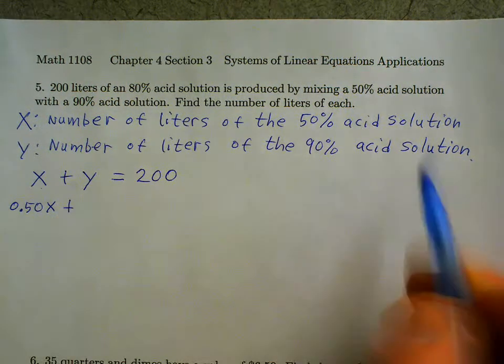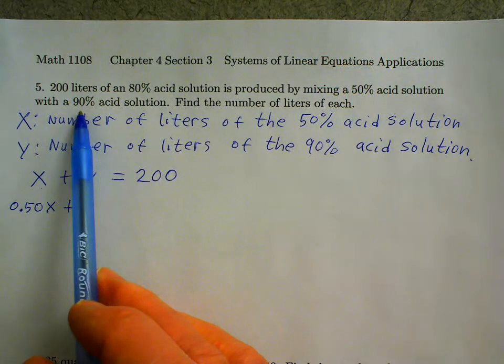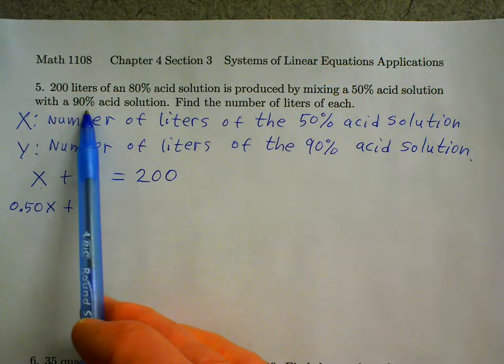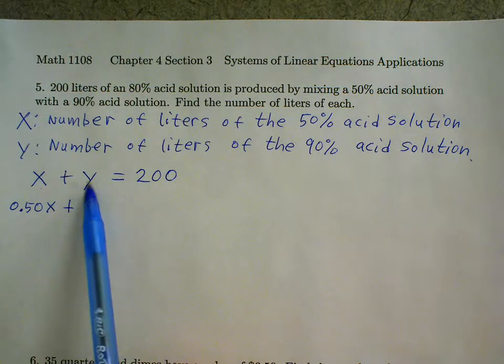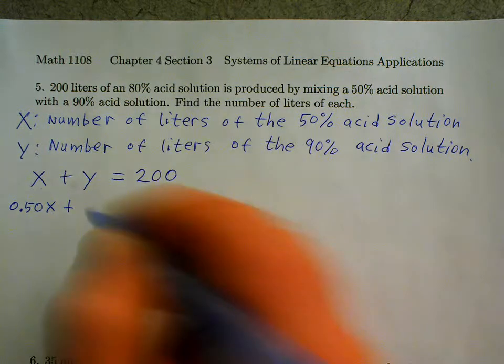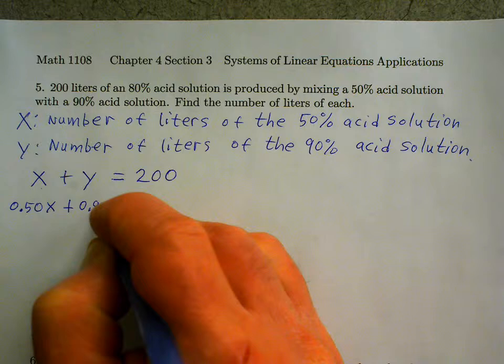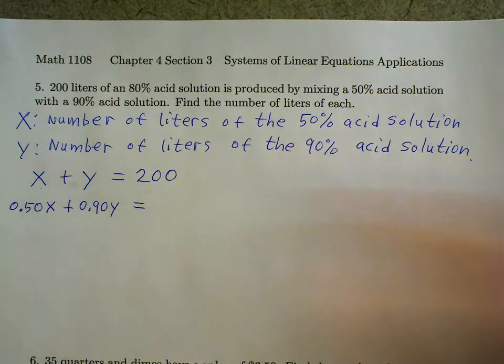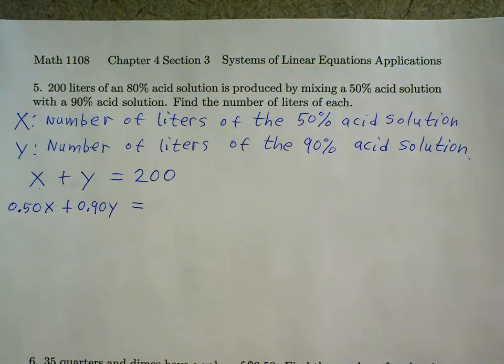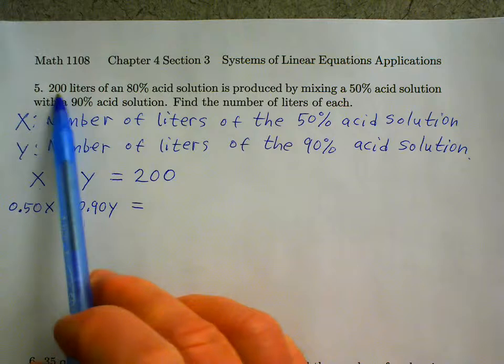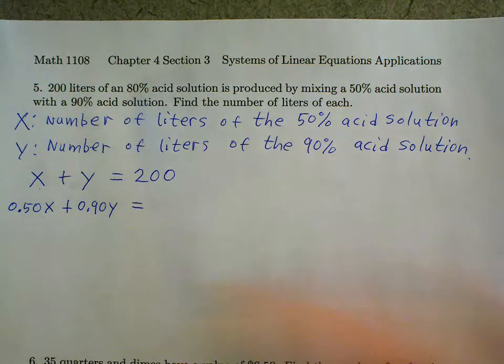Then we add that to the amount of acid that's in the 90% solution. So if Y liters is 90% acid, the amount of acid is 0.90 times Y. Okay, and the mixture, which is 200 liters, is 80% acid.